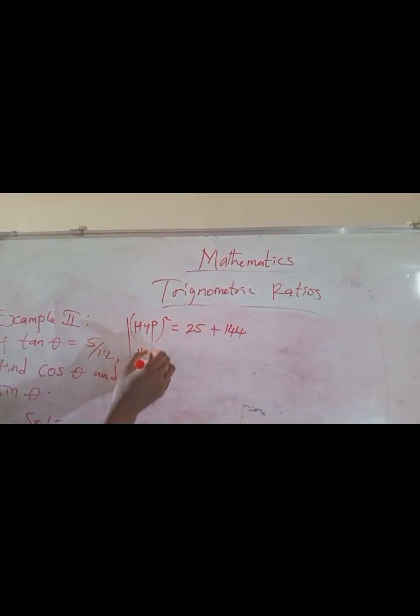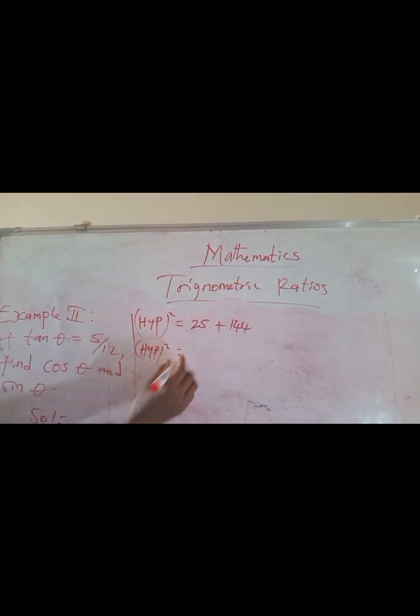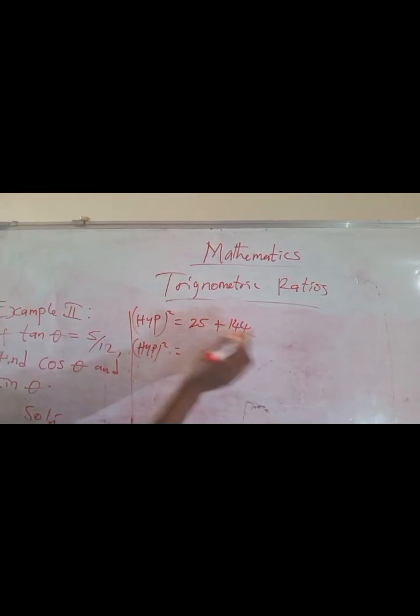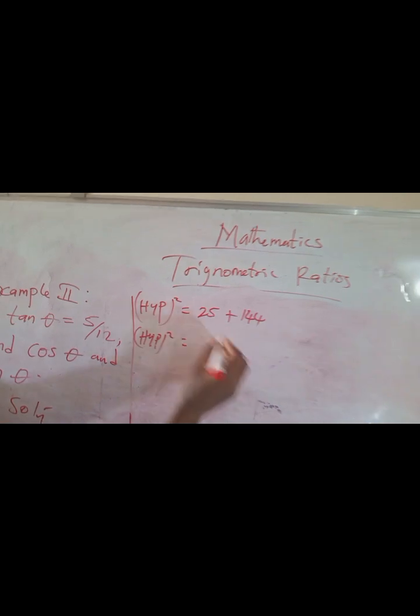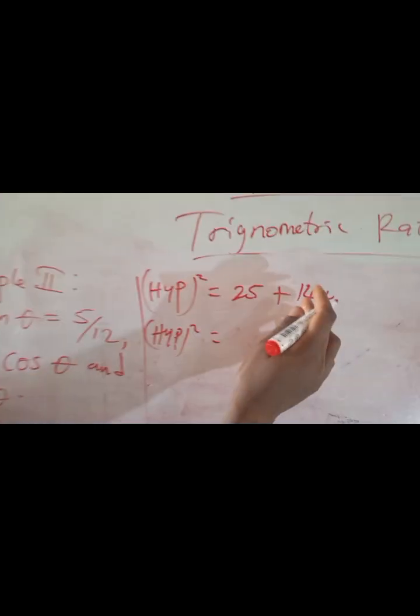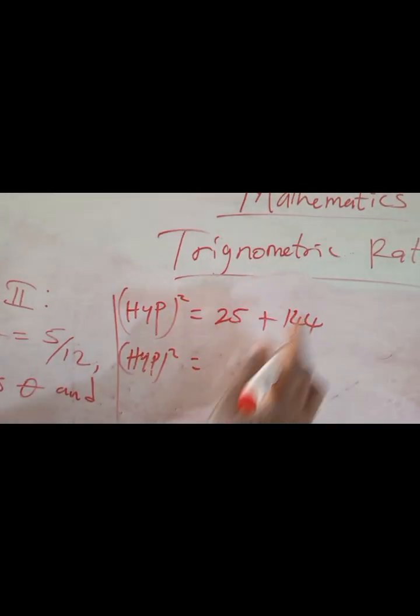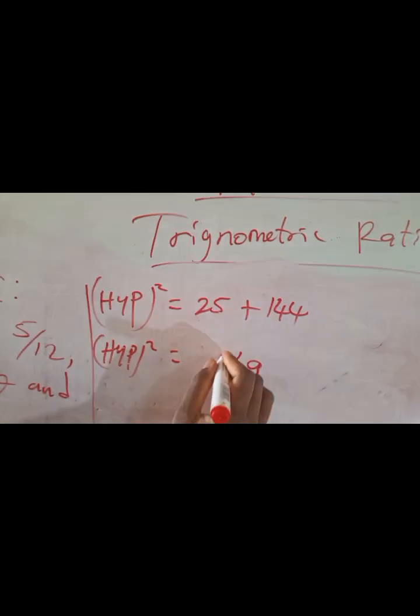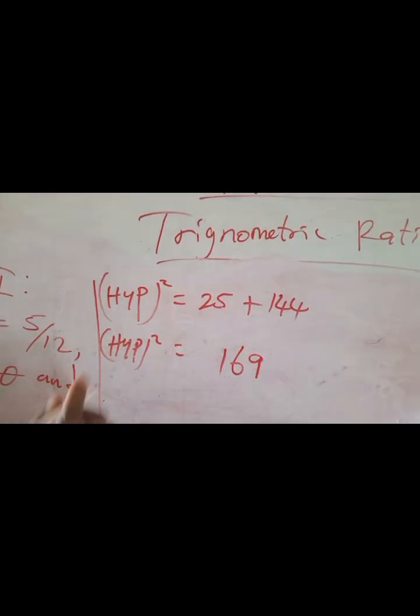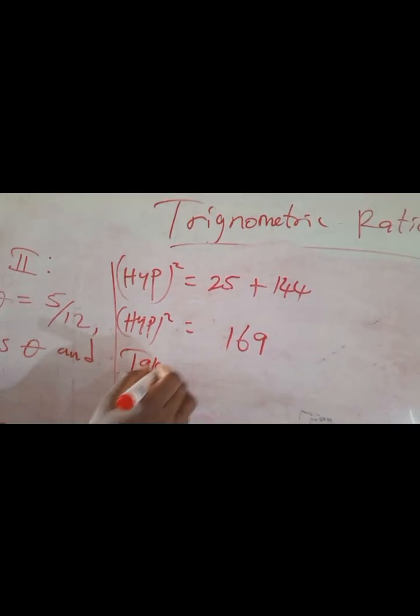So hypotenuse squared is equal to 169. Then you take square roots of both sides.